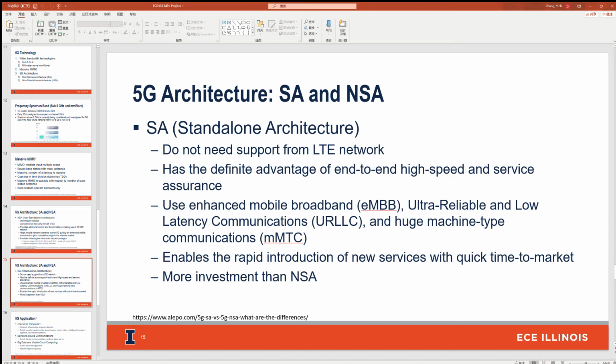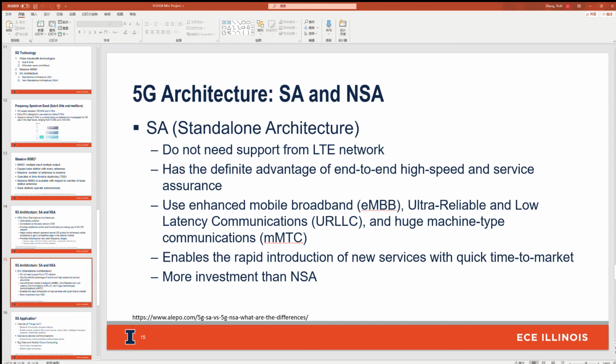Its architecture has a definite advantage of end-to-end high speed and service assurance, particularly for mobile network operators who are set to commence new enterprise 5G services such as smart cities, smart factories, or other vertically integrated market solutions. The deployment model enables the rapid introduction of new services with quick time to market. However, it means additional investment and the complexity of running multiple cores in the network.